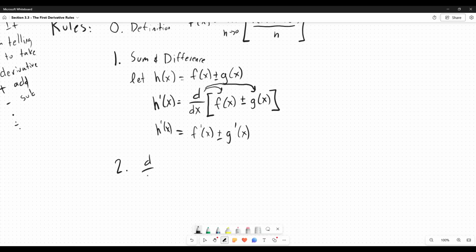Let's take a derivative of a constant number c times f of x.